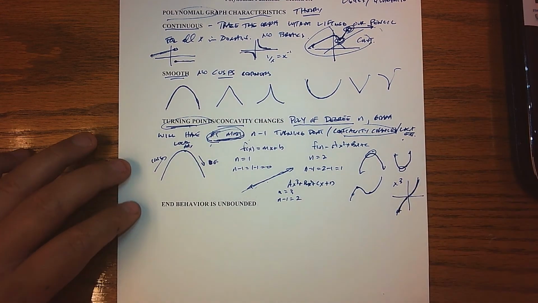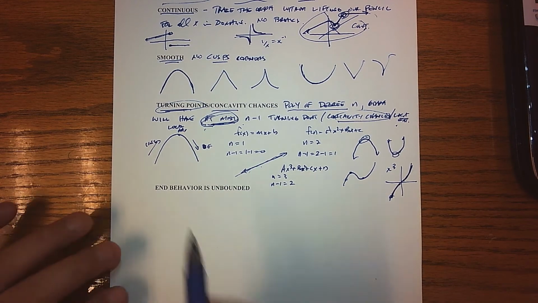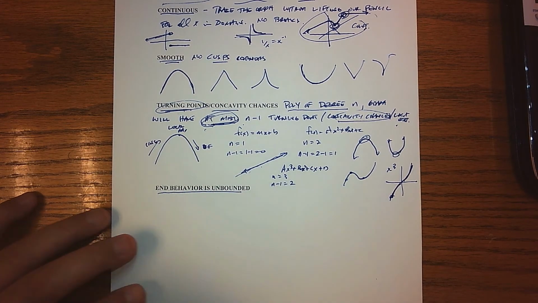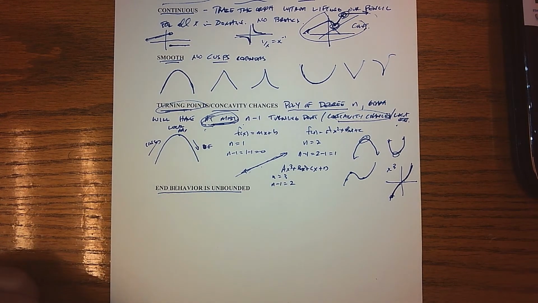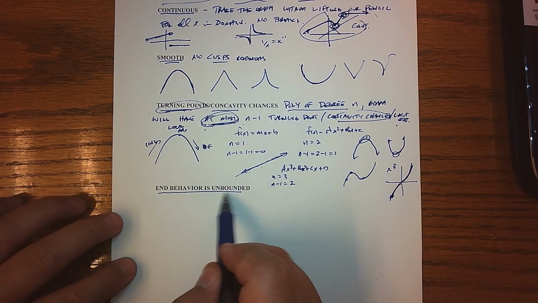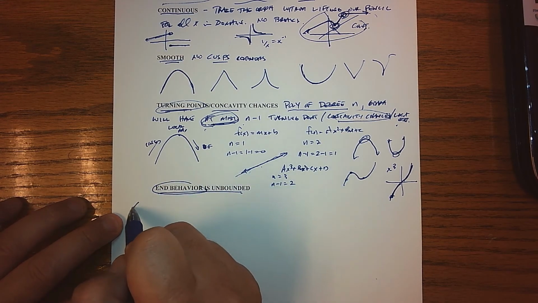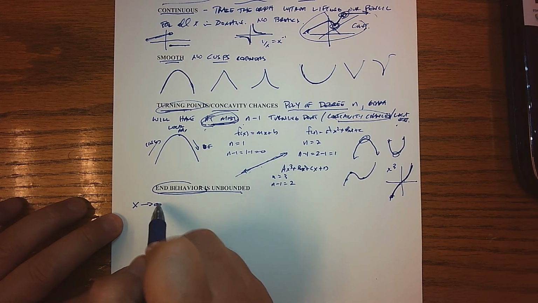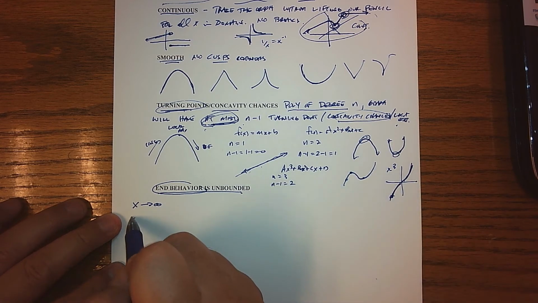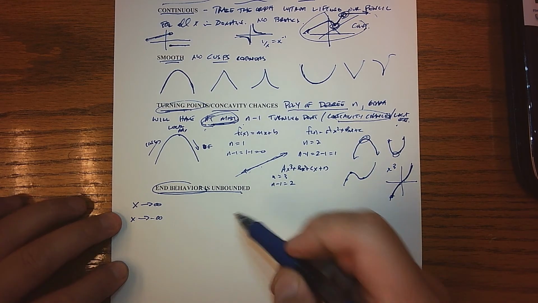And then last but not least, the next thing is what we call end behavior. One very important or unfortunate thing about a polynomial is that the end behavior is unbounded. And what I mean by the end behavior, let me use a little bit of calculus here. We're talking about x going to infinity or x going to negative infinity.